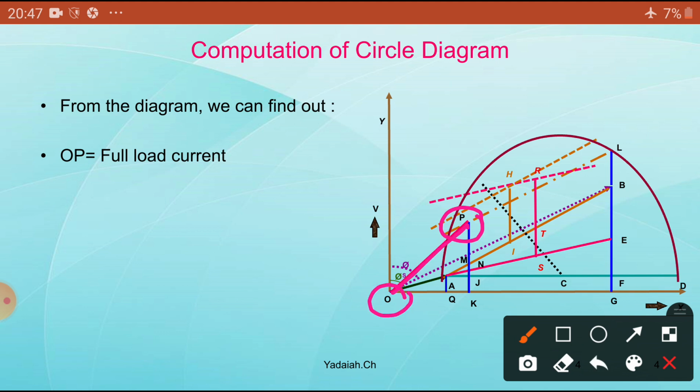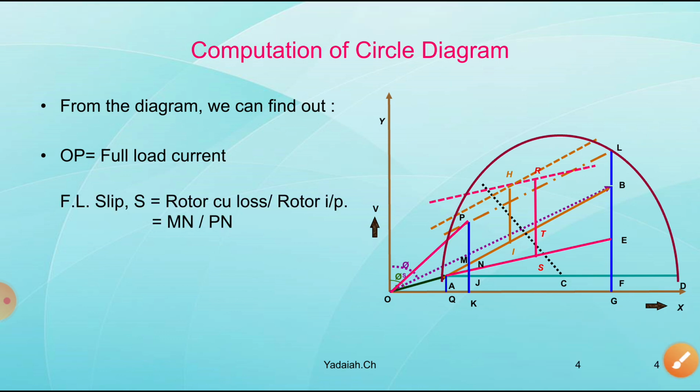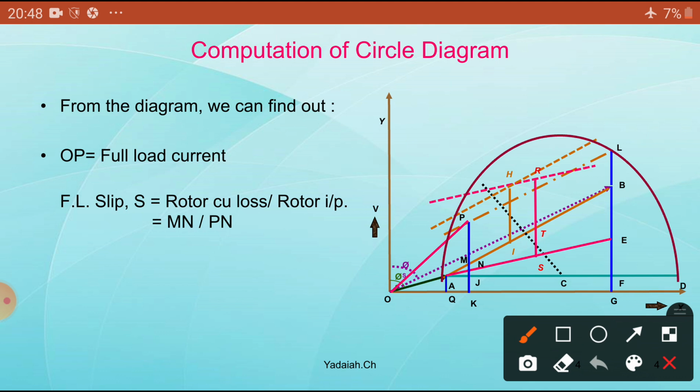So this red line indicates the full load current. Now the full load slip. What is the full load slip here? Rotor copper loss by rotor input, that is called MN. So from the output line to the torque line, that is MN, divided by PN. This is P, this is N. So we are going to get the slip.